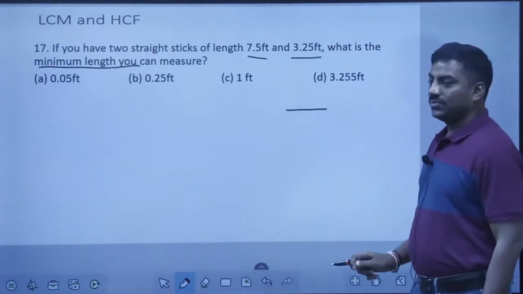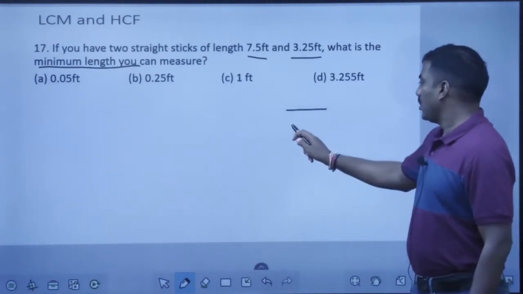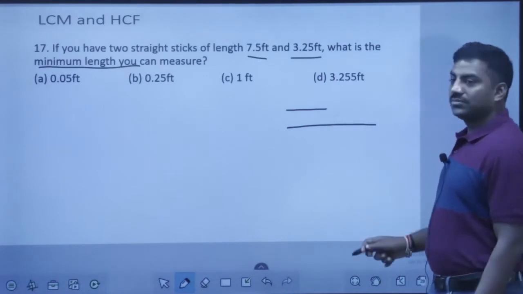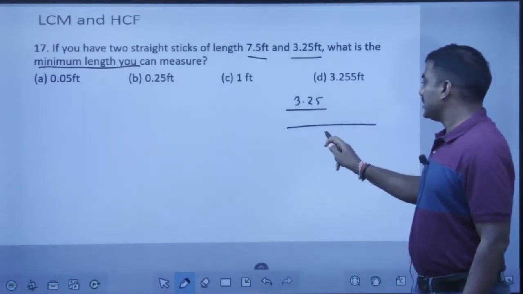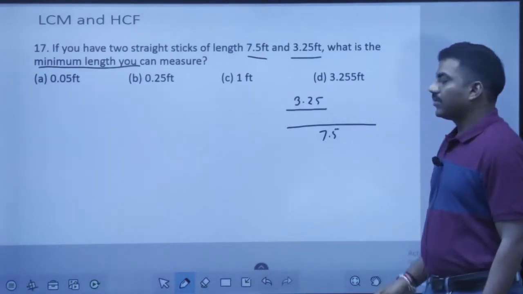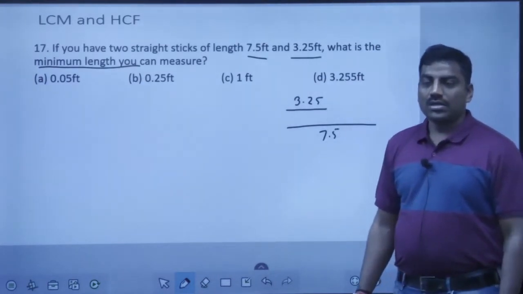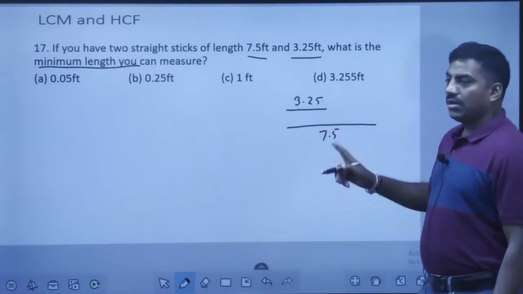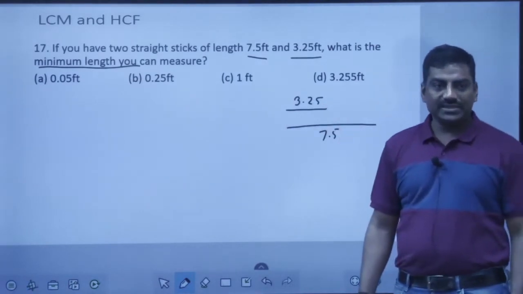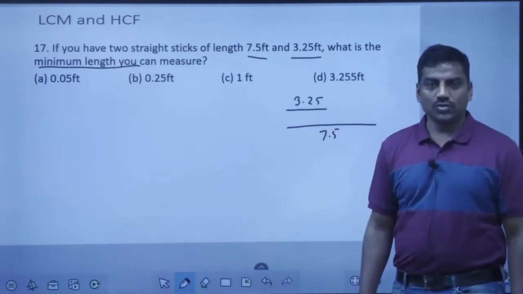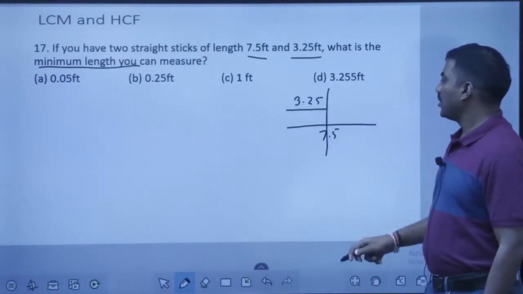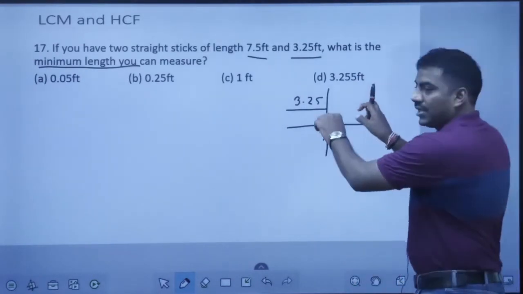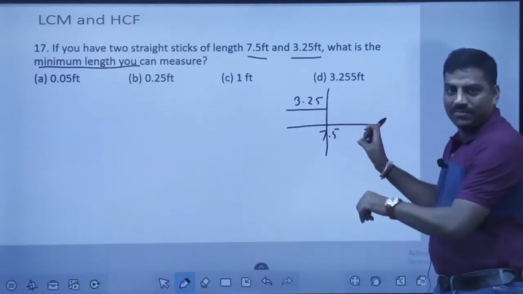One is this much, 3.25. One is this much, 7.5. The minimum length that we can measure is 3.25 now. Yes or no? Now, you hold them together and cut it.